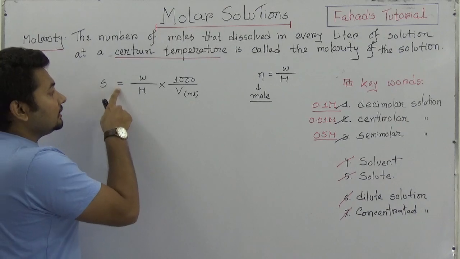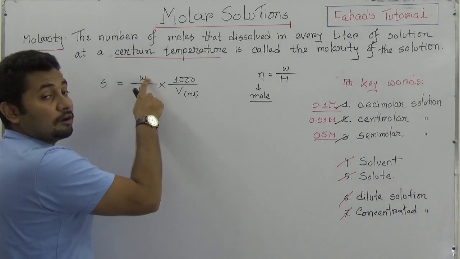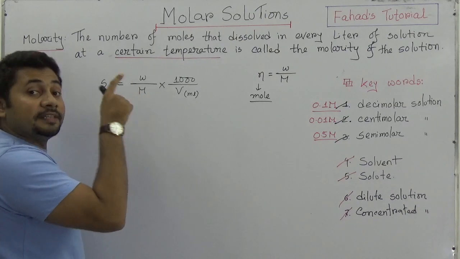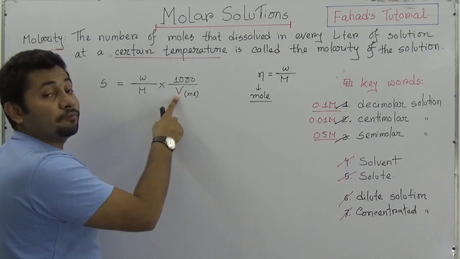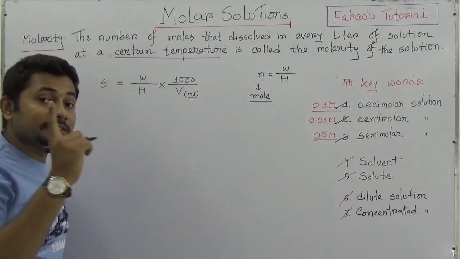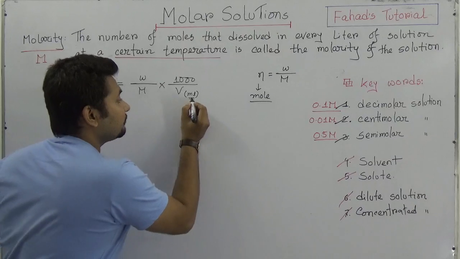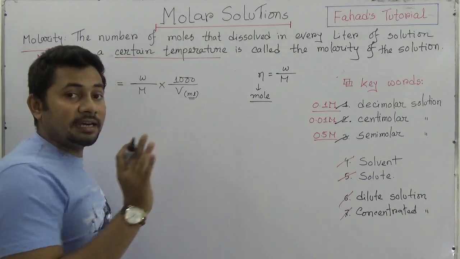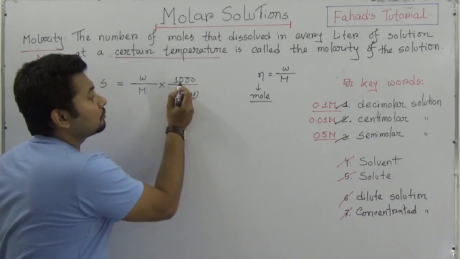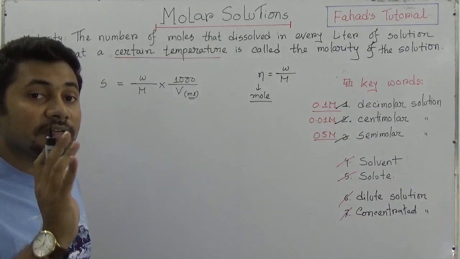Molarity is the mass of the solute upon the molecular mass of that solute times the volume of the solution in milliliter. This is very, very important. If the volume is given in milliliter, then it is okay. But if it is expressed in liter, this 1000 is not required.